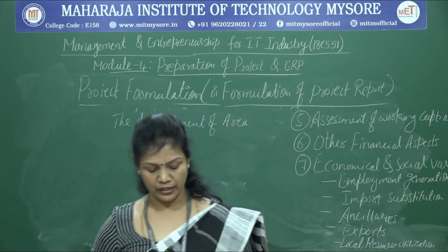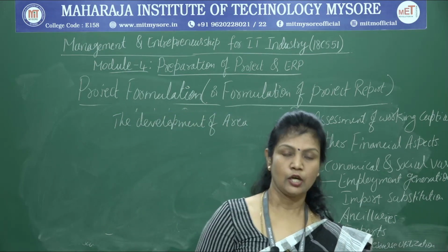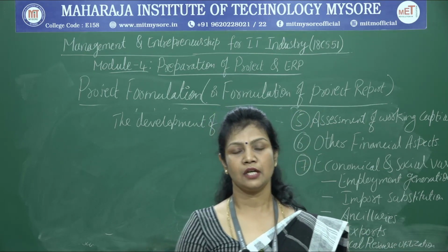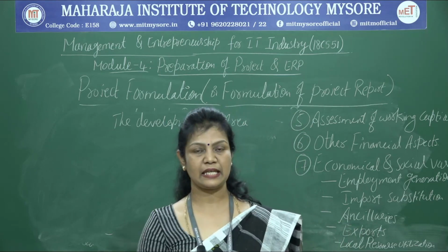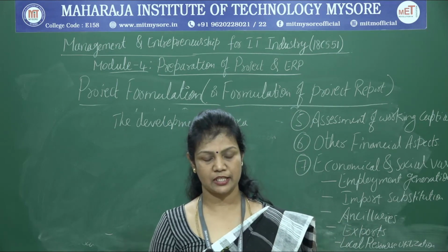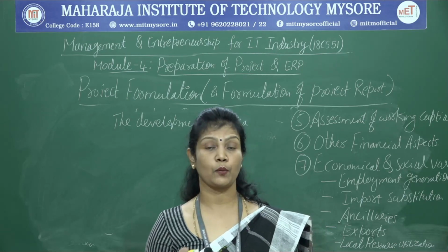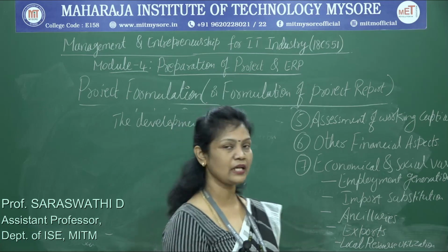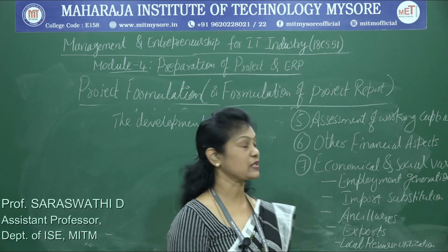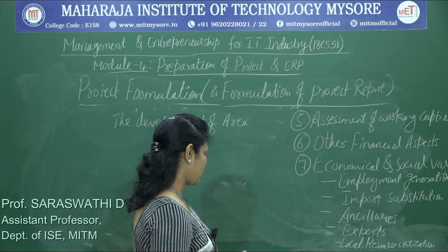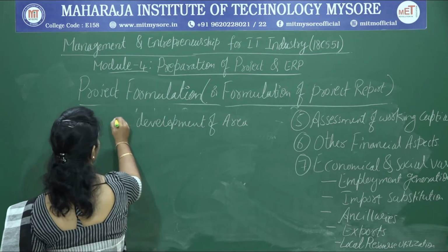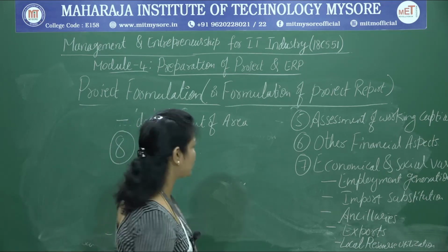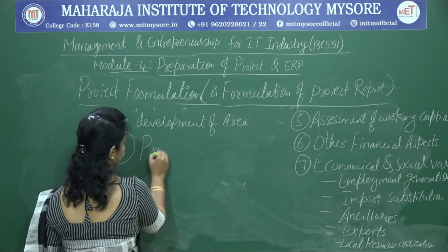Development of area is nothing but, where the organization has been established, whether they have made any kind of improvement in the health of the people who are staying in that particular area where the organization has been set up, or whether they have provided any kind of education or occupation to the people in the surrounding area, and so on, needs to be specified under the heading development of area, right. So, development of area. Let us have a look into the last one, that is project implementation.